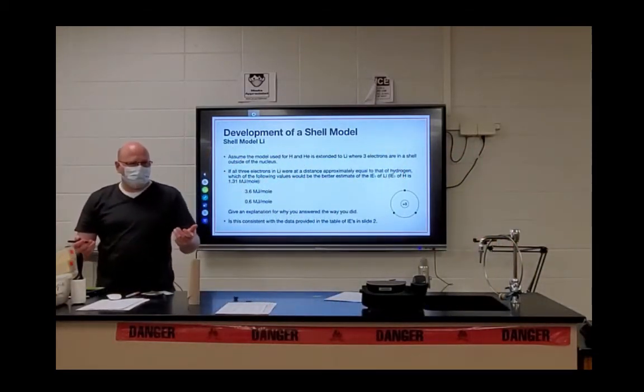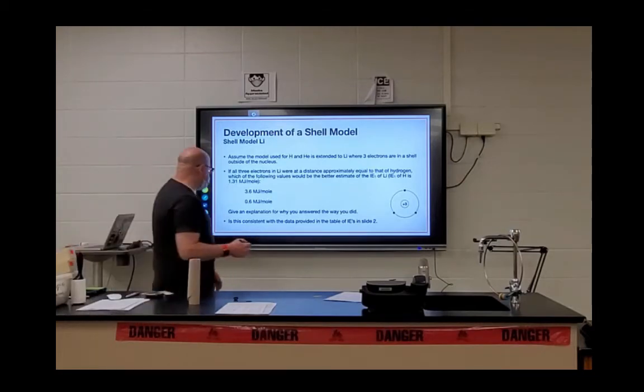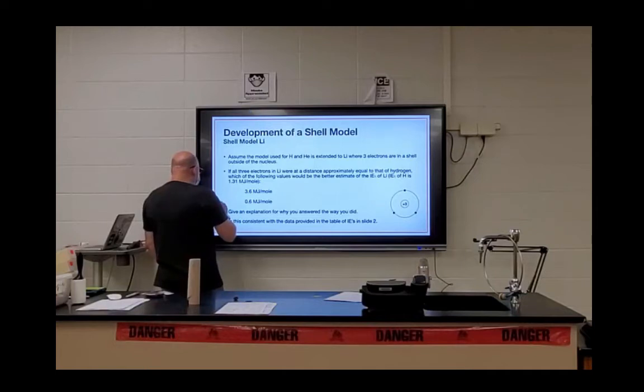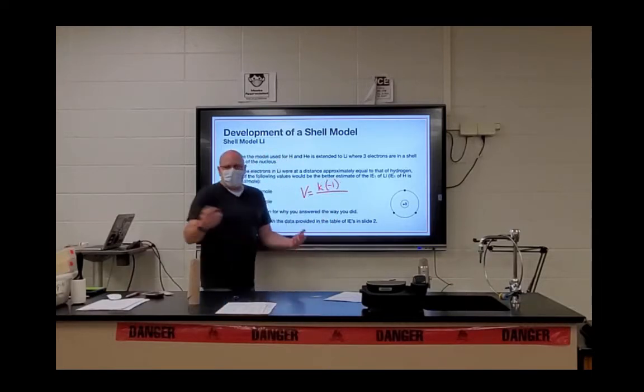Right. So if they're the same distance, all we're changing here is we've got V equals K, -1, because we're still talking about an electron, right?